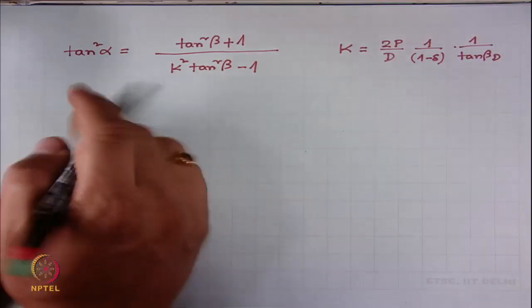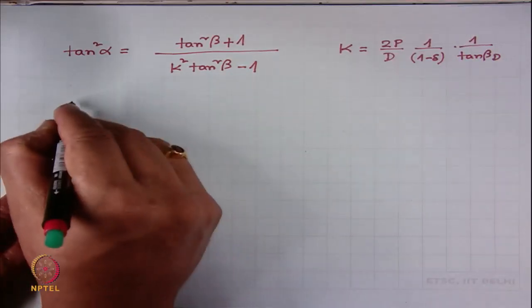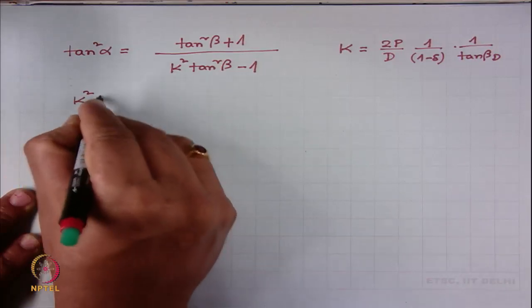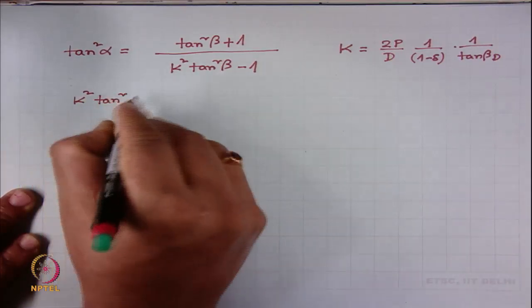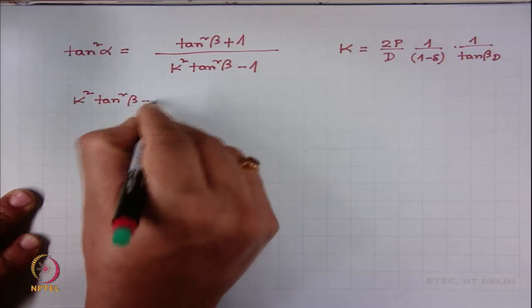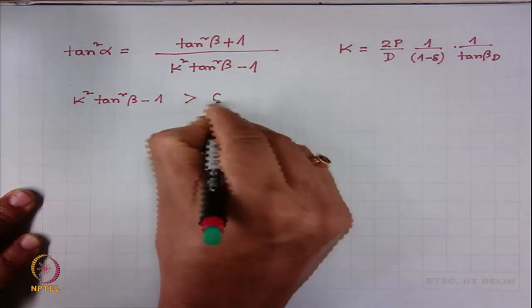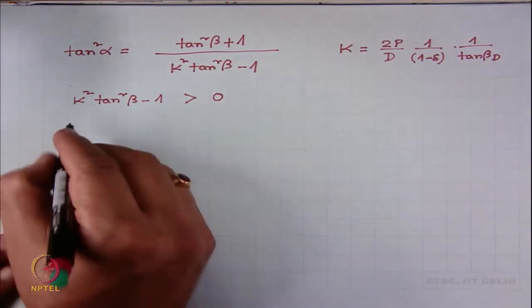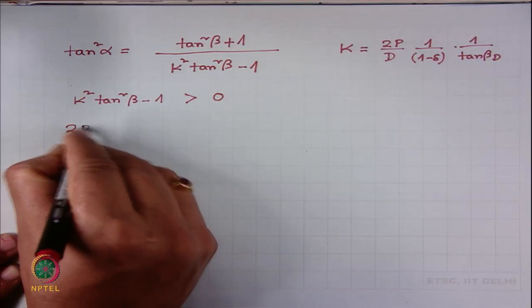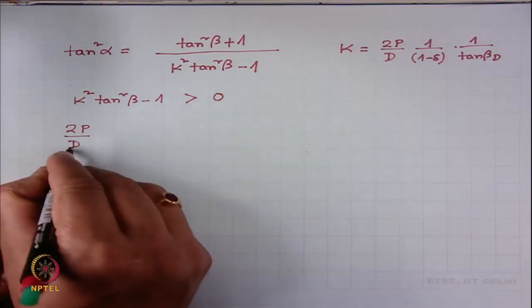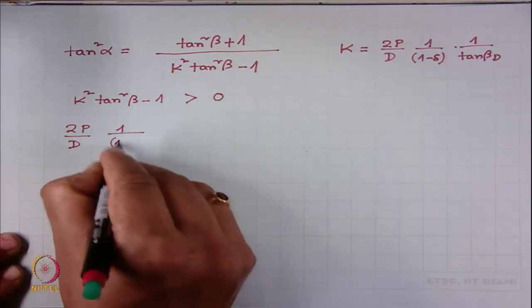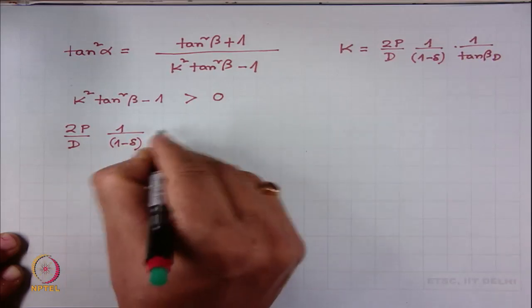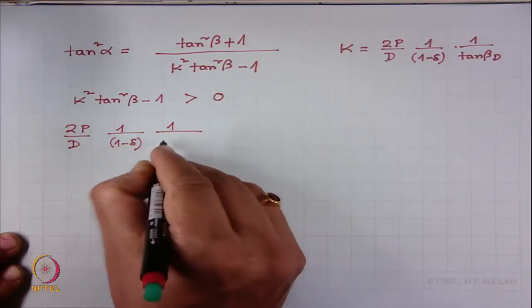So, k square tan square beta minus 1 must be greater than 0. What is k? 2 p by d, 1 by 1 minus retraction, 1 by tangent of beta d.